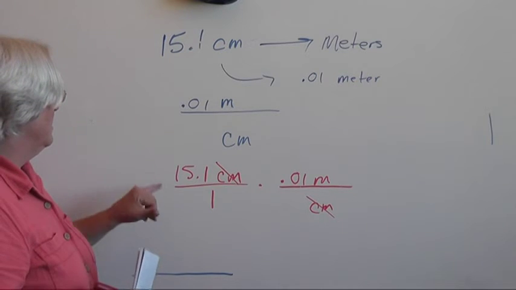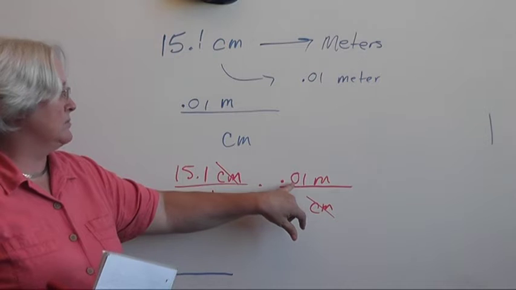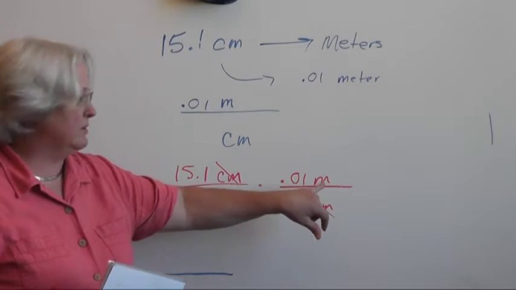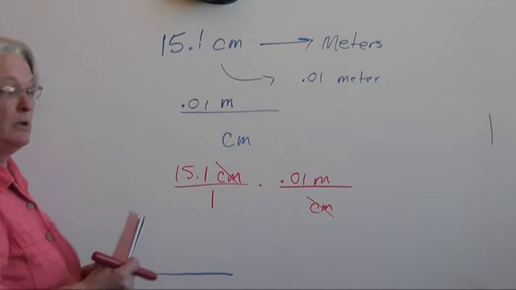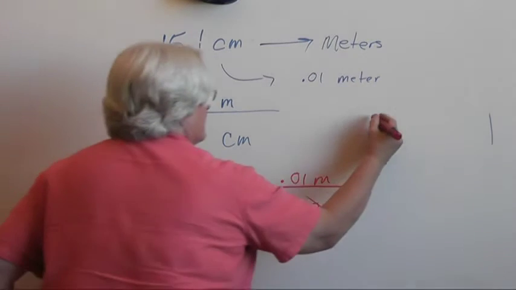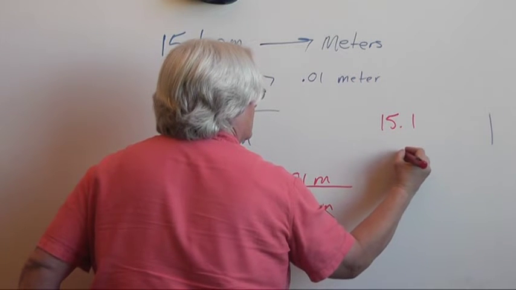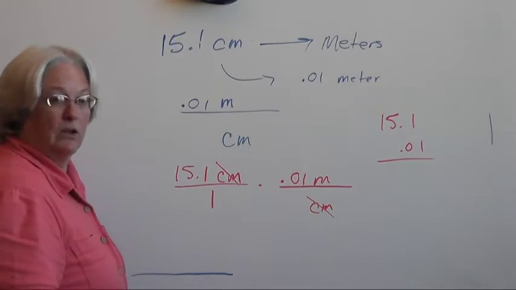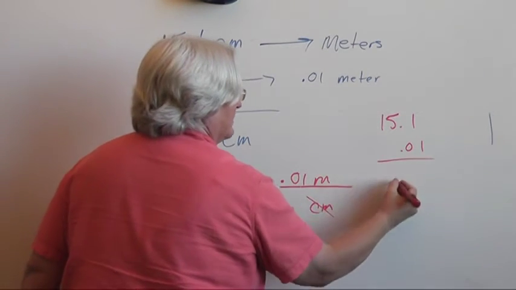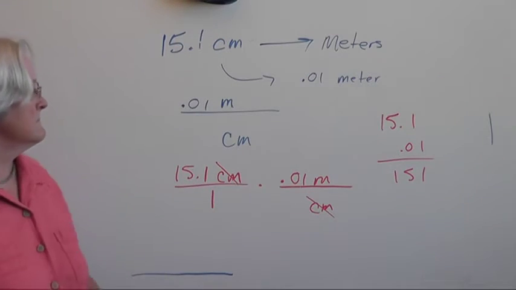So now we have 15.1 times 0.01 meters. So let me write this over here. 15.1 times 0.01. If we wanted to do that long division, 1 times 15.1, so we have 151. You said long division. Yes.